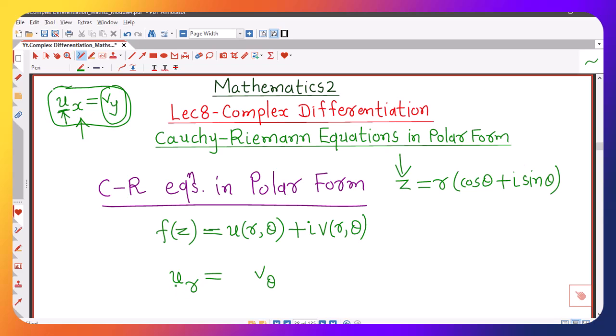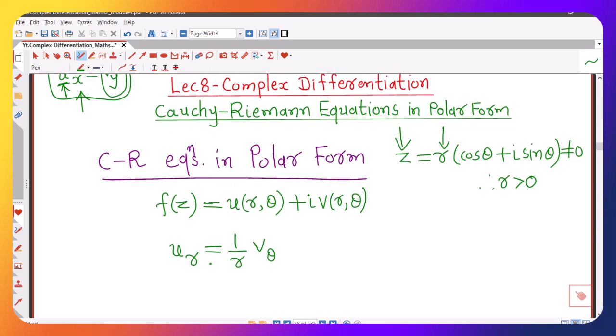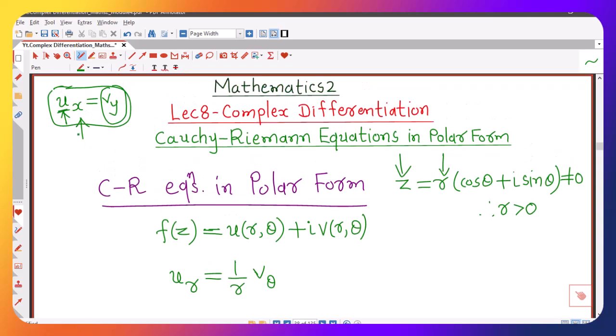Here I am writing partial of u with respect to r, then here I will write partial of v with respect to theta. But here we have 1 divided by r, and we know that we can write polar form for a non-zero complex number only. So here z is non-zero, therefore this r, that is the length of z or absolute value of z, is greater than 0, therefore this 1 by r is defined. So this is analogous to del u by del x equal to del v by del y.